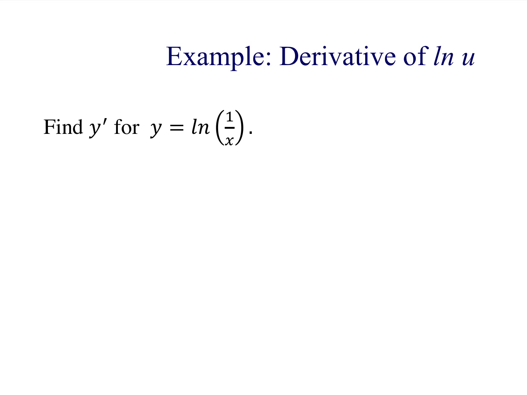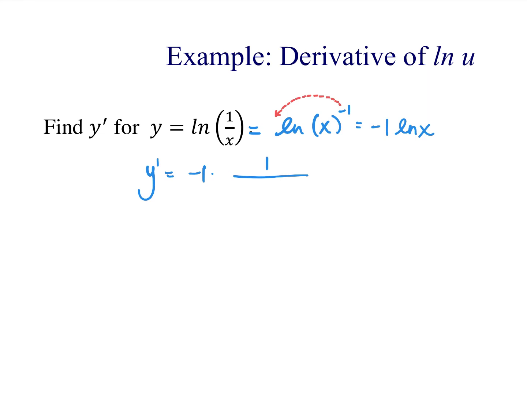So in this case, I am going to keep the parentheses, but I'm going to write it as x to the negative 1. And what that will allow me to do is to pull that negative 1 down to the front. And so the negative 1 becomes a coefficient of ln x. And then I can do y prime, just with the coefficient of negative 1 sitting in front of the regular rule for my logarithm.